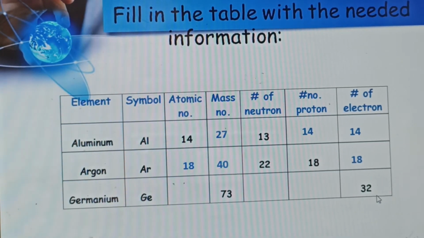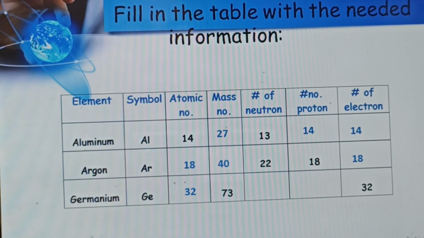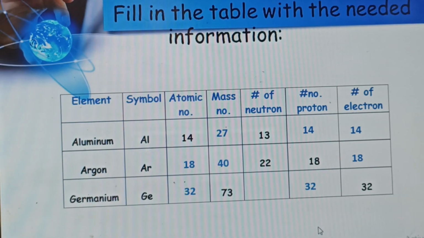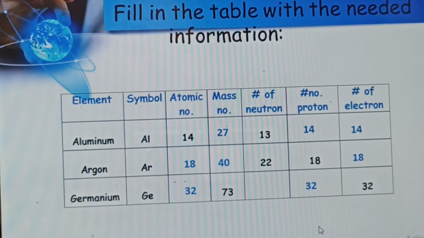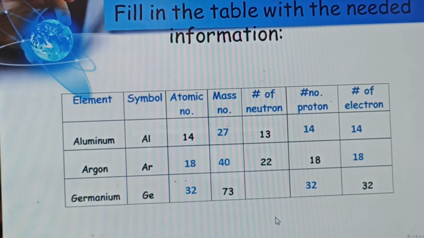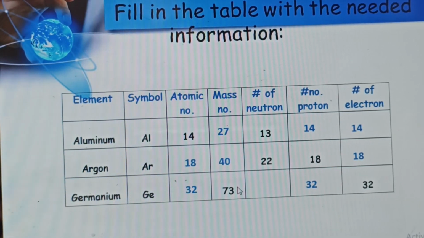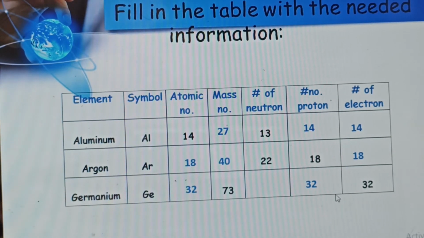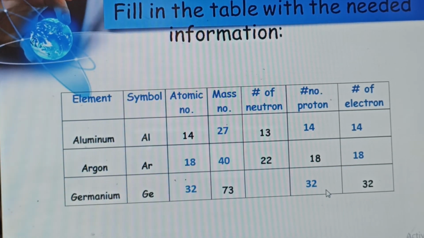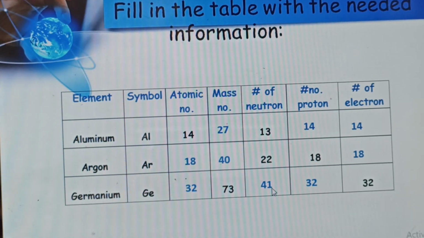So for germanium, we can conclude the atomic number is also 32, the number of protons is also 32, and since neutron is missing, all you need to do is subtract the number of protons, which is 32, from the mass number 73. That will yield 41 for the number of neutrons.